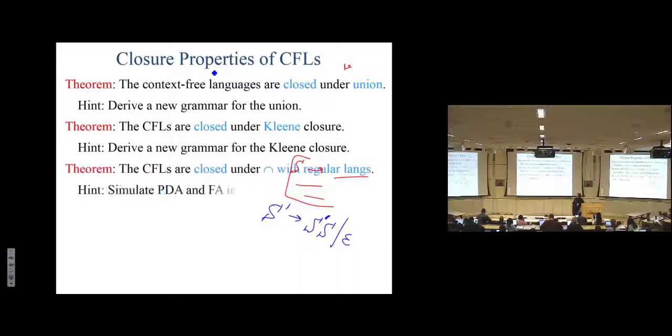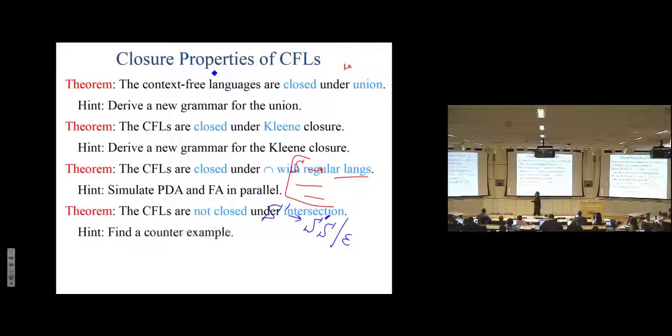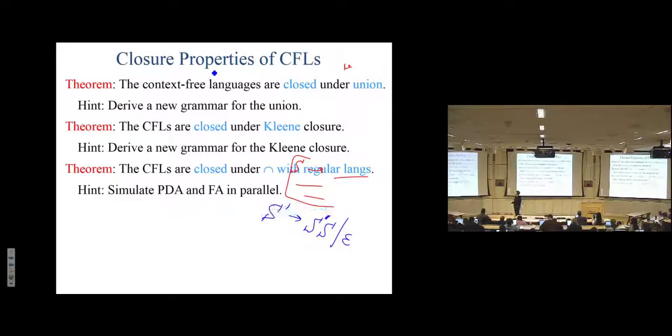Okay, but at some point things begin to fail, and they don't fail yet. You don't get the idea that everything is closed under everything else. But context-free languages are closed under intersection with a regular language. In a minute, we'll prove the next amazing theorem that they're not closed under intersection with each other. But under intersection with a regular language, context-free languages are closed. So basically, it's a cross-product construction.